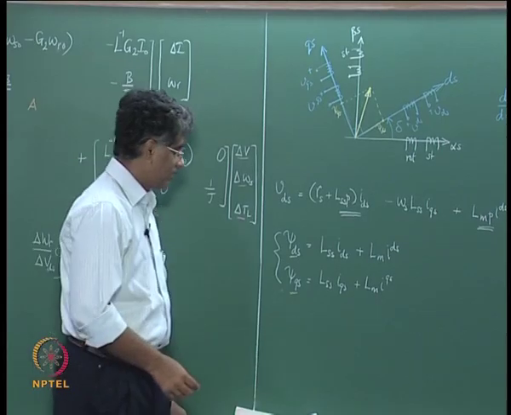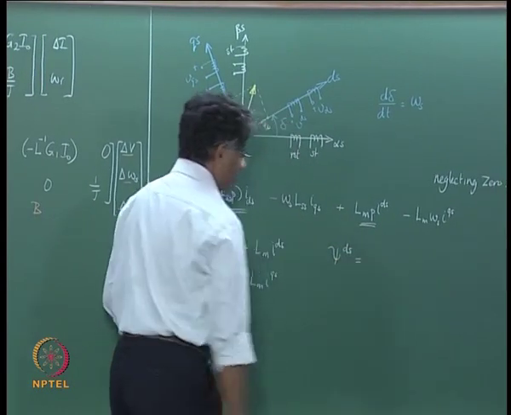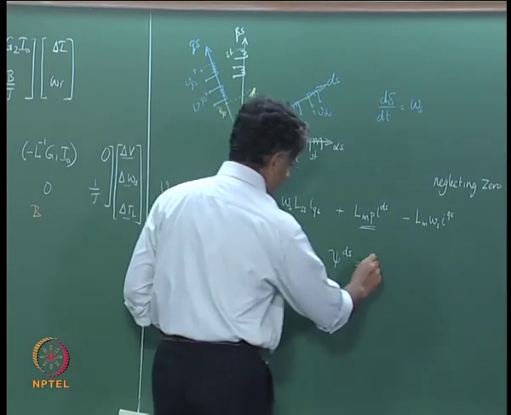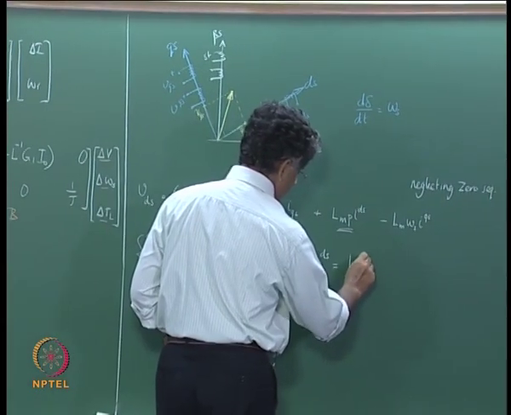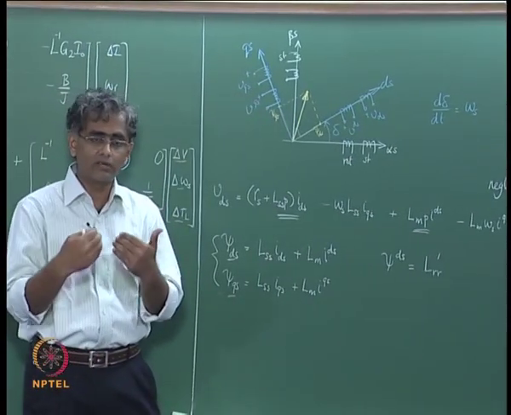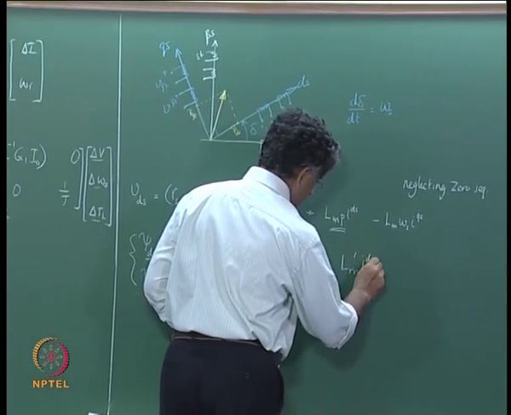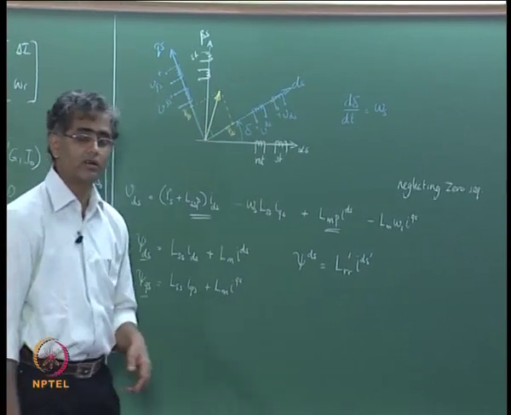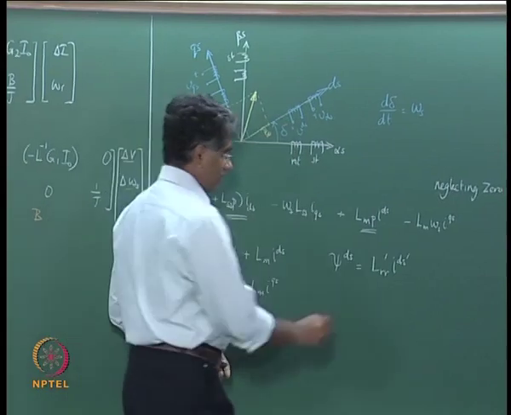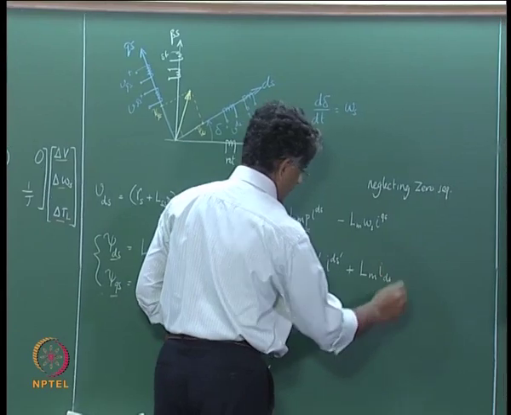Similarly, one can define psi ds', which is nothing but the rotor d axis flux linkage. That would be the self inductance of the rotor Lrr', because it has now been referred to the stator turns, multiplied by Ids', the current flowing in the d axis coil of the rotor, plus Lm into Ids.